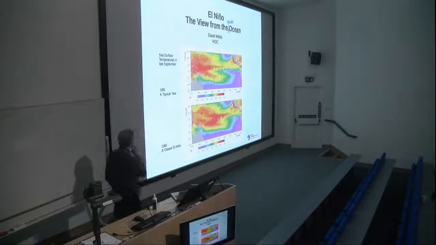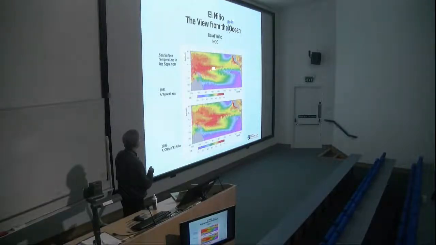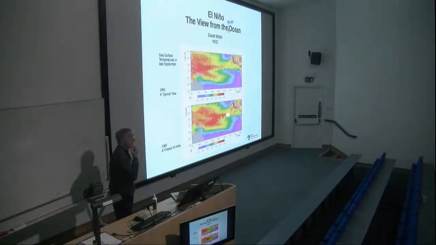And the main feature that turns up in the model in both of these periods is the difference between the years before, up here, where temperatures tend to be greatest in the Western Pacific, and the North Equatorial Current is a strong current, but it doesn't do very much. And yet in an El Nino year, this takes heat right across the Pacific.